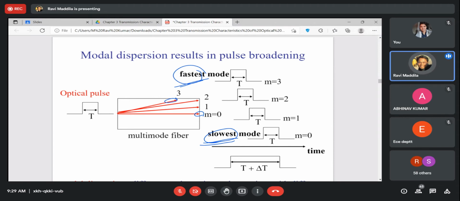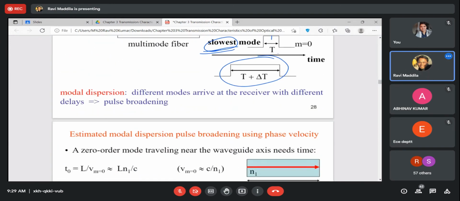Okay. So because of these multiple modes arriving at the destination at different instants of time, these are all spaced at different instants of time. And when you add all these four modes, then you have a broadened pulse.